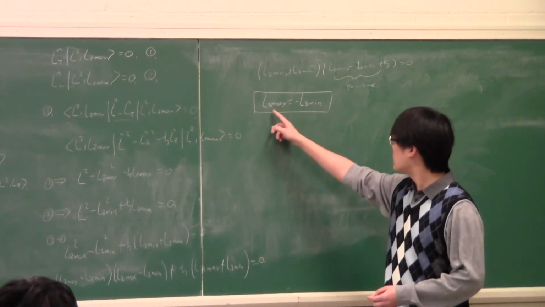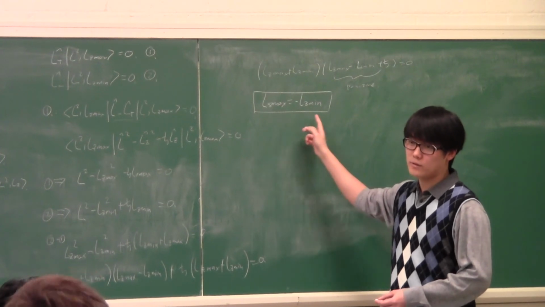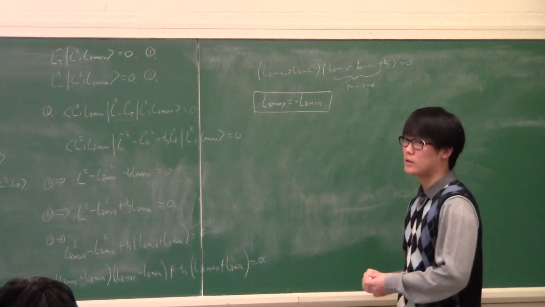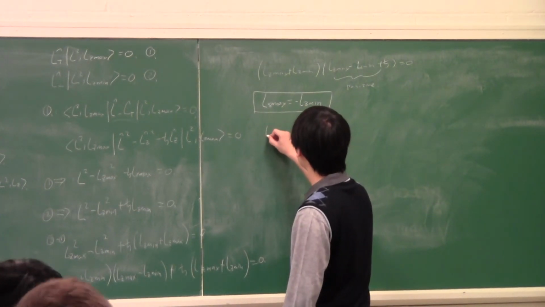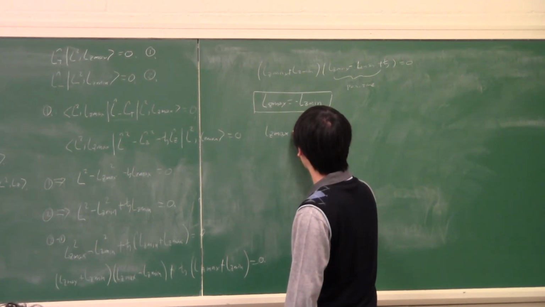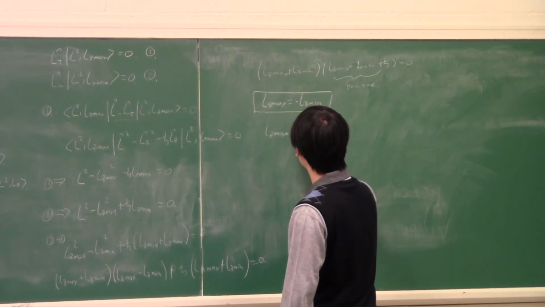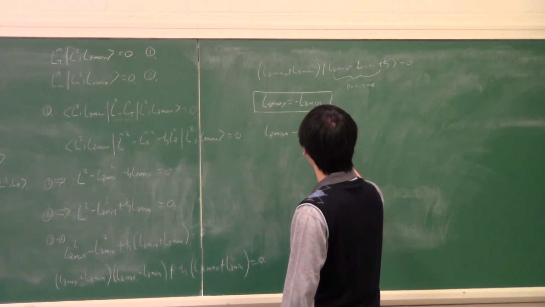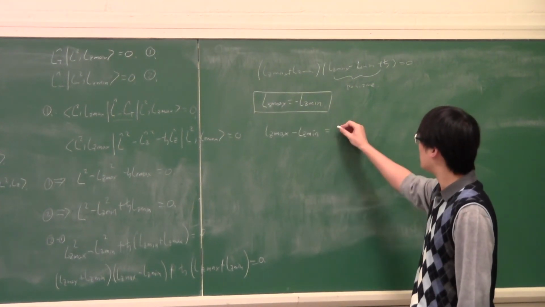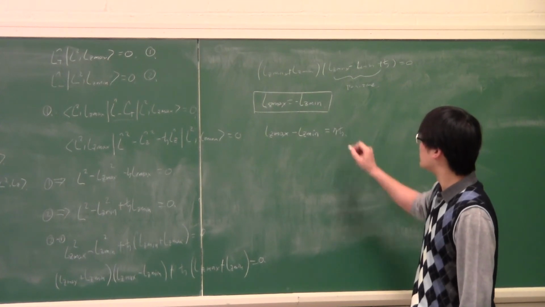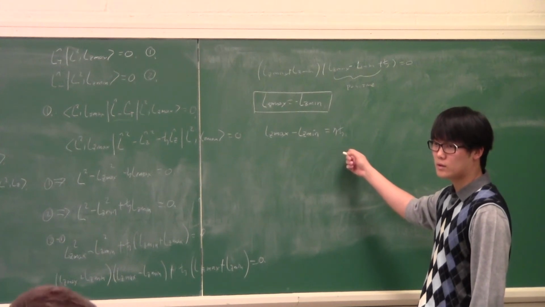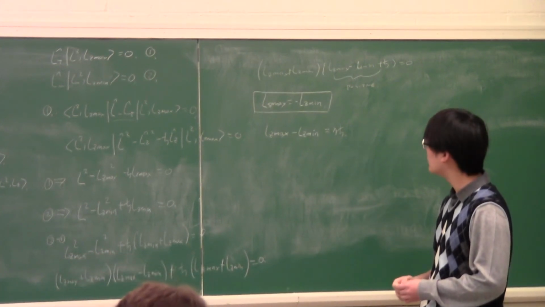So LZ max and LZ minimum, they differ by integer multiples of h bar. Right? So I must be able to write LZ max minus LZ minimum is equal to some integer, and let's call this integer n times h bar. Right? This is the action of the raising operator. Right?